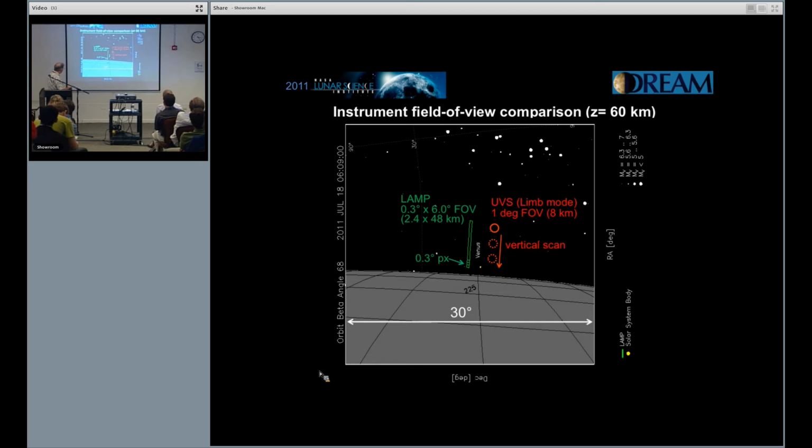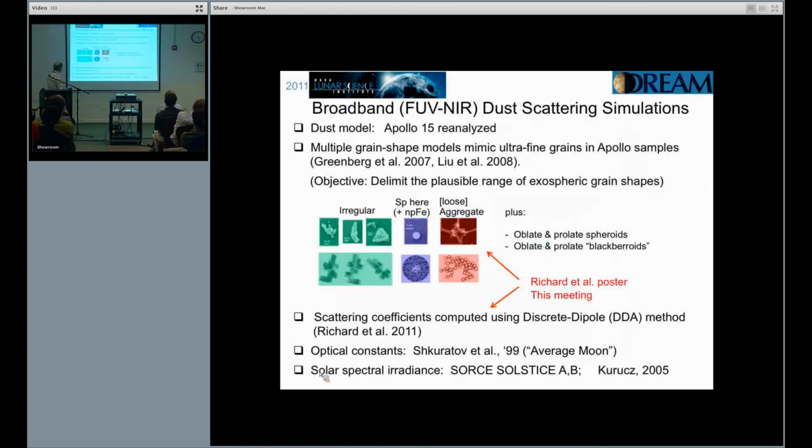If you have a high-altitude dust exosphere with a scale height of something like 5, 10, or 15 kilometers, that exosphere is well sampled by both instruments. So in terms of spatial resolution, they will do a good job.